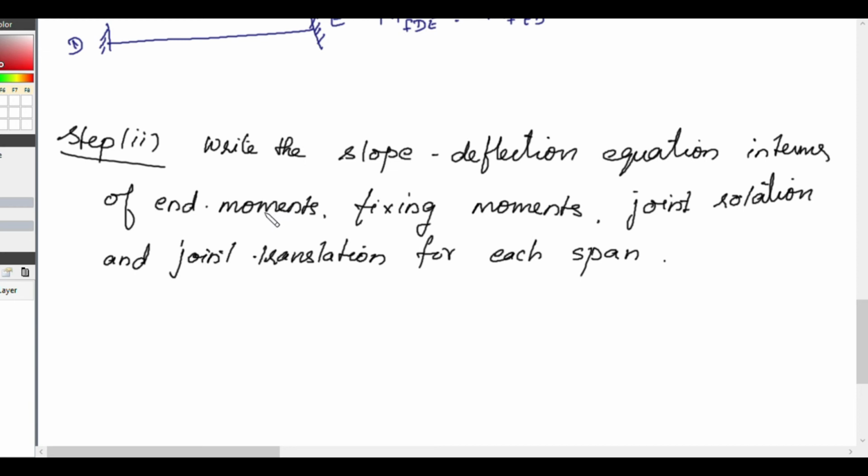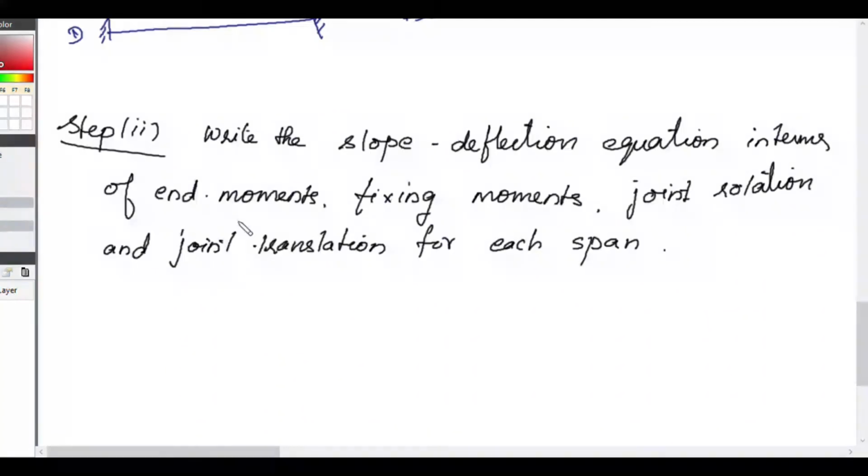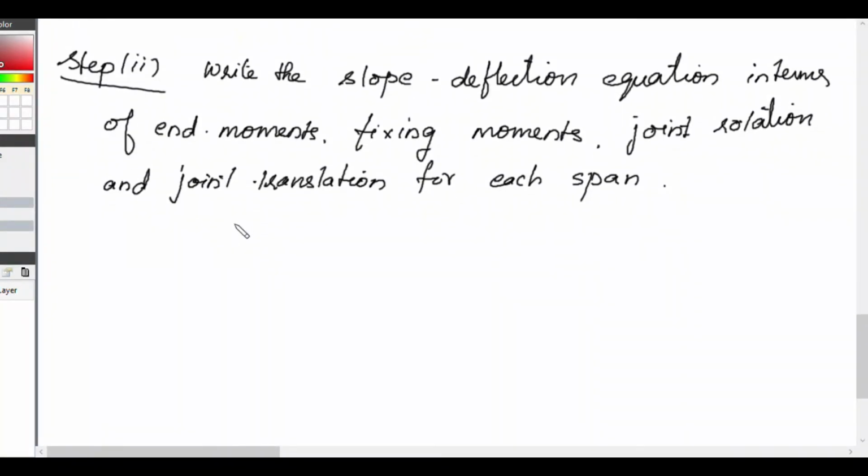So now our slope deflection equation is, see, we will take the same example. We have A, B, C, D, E. So for all the spans, we may have any number of spans A, B, C, D, E. For every span, we have to write the slope deflection equation. So first of all, we will take the span AB, right?